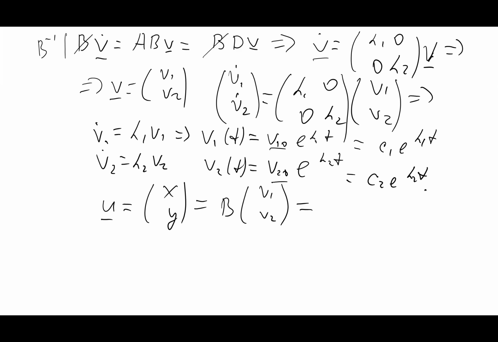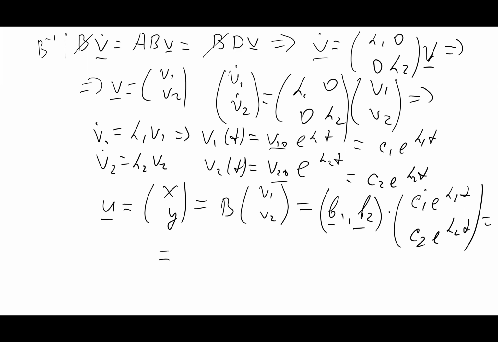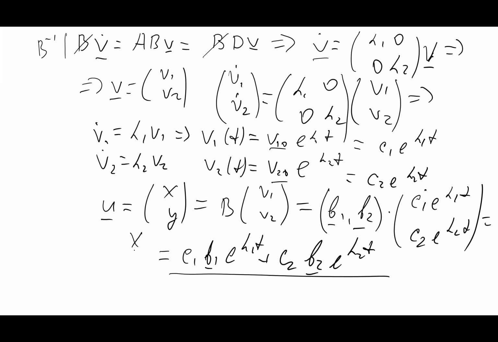Matrix B is b1, b2, times v1 and v2, which we now know are c1 e to the power of lambda 1t, c2 e to the power of lambda 2t. Therefore, we got c1 b1 e to the power of lambda 1t plus c2 b2 e to the power of lambda 2t. So this is what we got for x, y. Our statement is proved.